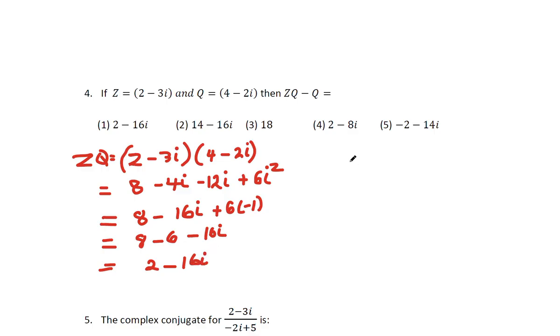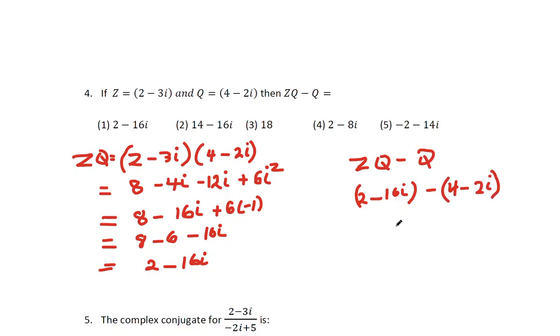So what we're going to do now is take zq minus q, which is going to be 2 minus 16i, take away q itself, which is 4 minus 2i.